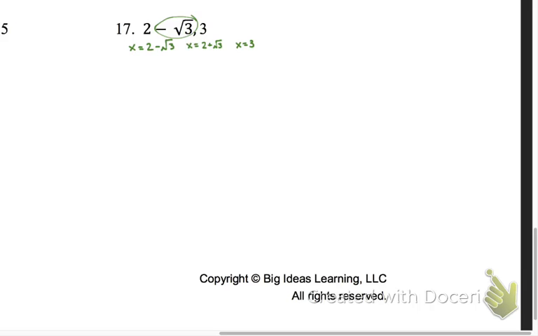So then, if I want to get everything over to one side to where it's equal to 0, let's just go ahead and do the easy one. Let's bring the 3 over.